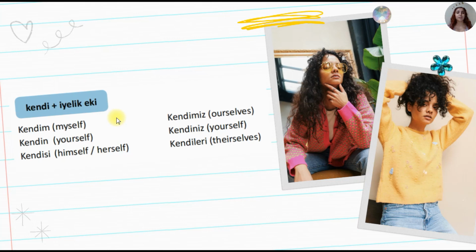You will say kendim for myself, kendin for yourself, kendisi himself or herself or itself, kendimiz ourselves, kendiniz yourself, kendileri themselves. And let's see some examples.